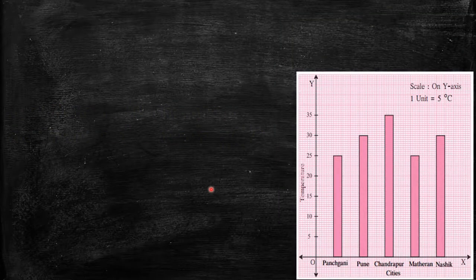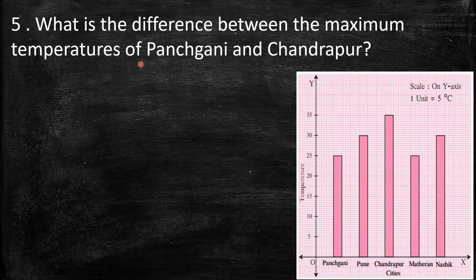Question number 5. What is the difference between the maximum temperature of Panchgani and Chandrapur? So here you can see Chandrapur had 35 degrees Celsius temperature and Panchgani has 25 degrees Celsius. So we have to find the difference between the maximum temperature of Panchgani and Chandrapur.